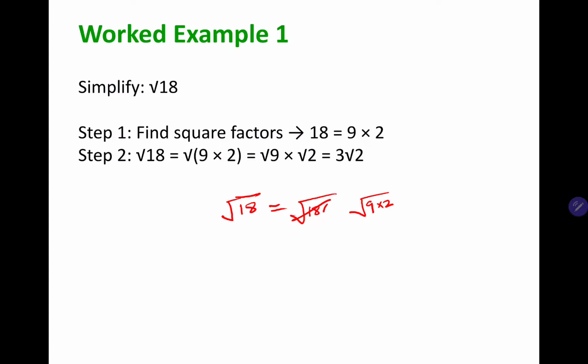And this is the same thing as the square root of 9 times the square root of 2. You should put this in mind. Then here we can simplify it further to know that the square root of 9 is equal to 3, so we have 3 root 2. That's how we arrived here. So root 18 can be simplified to 3 root 2.